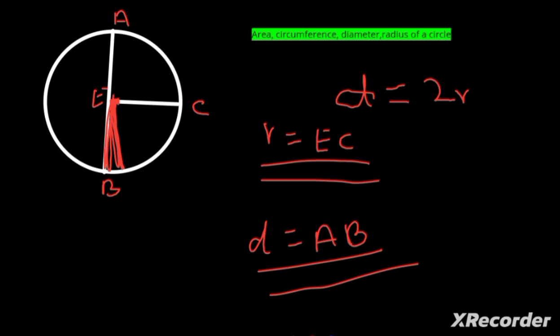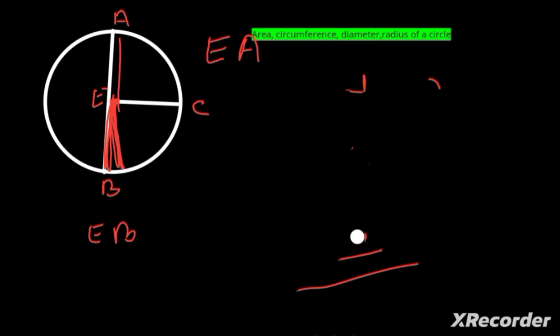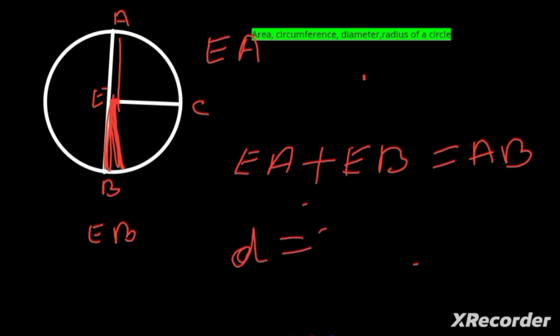EB is the radius and EA is also the radius. So first we have to find the diameter. So what should we do? EA plus EB will equal AB because they are parts of the line AB. So the diameter is equal to twice the radius, or 2r.